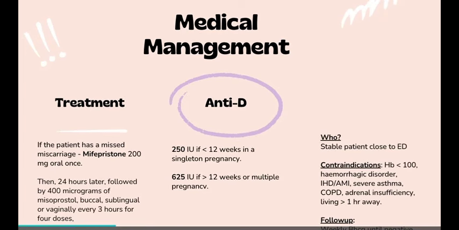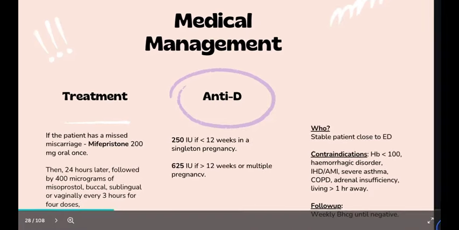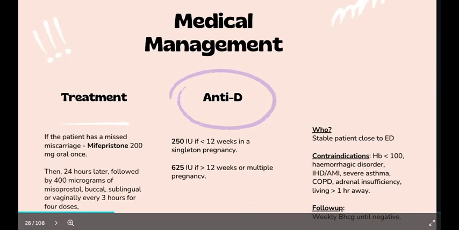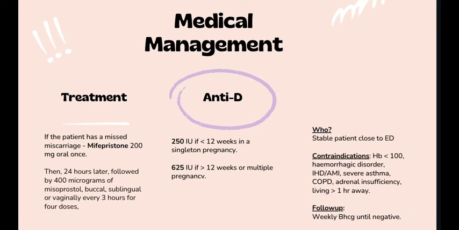So in medical management, there are a few different things. The first thing is that a patient is pre-treated with either misoprostol by itself or mifepristone and misoprostol. And the distinction is whether or not this is a missed miscarriage, as we've talked about previously.